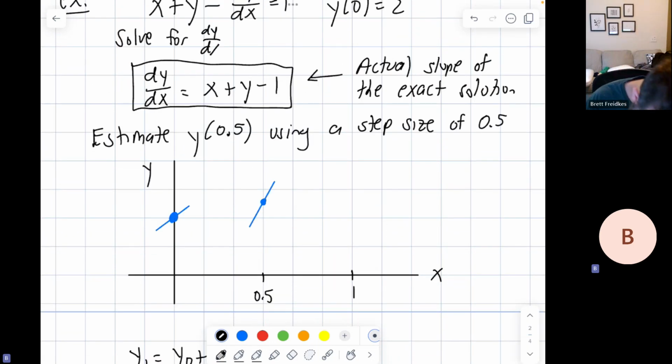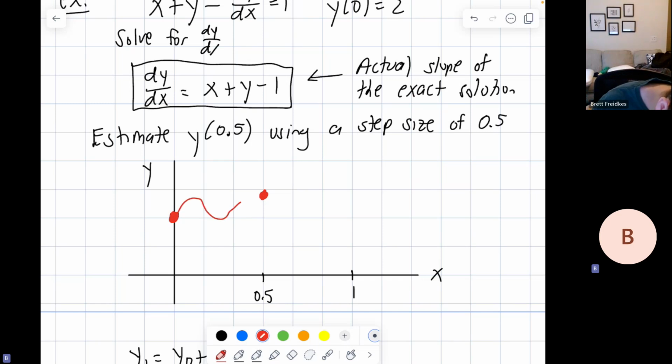So what that means is our first point is at 0, 2. Our second point will be at 0.5, 2.75 on the y-axis. So that is our estimate of what's happening at 0.5.